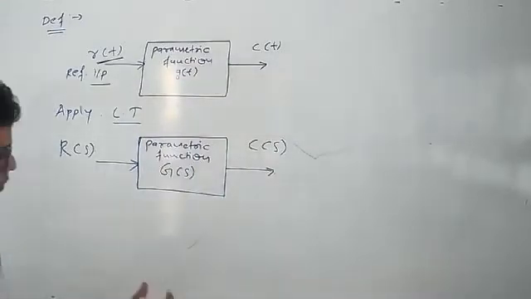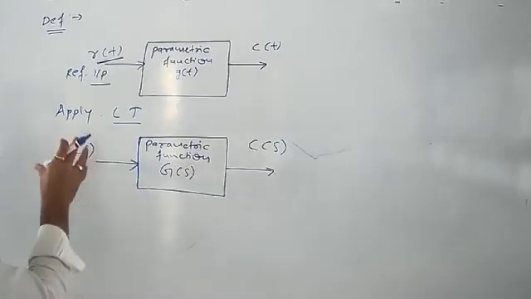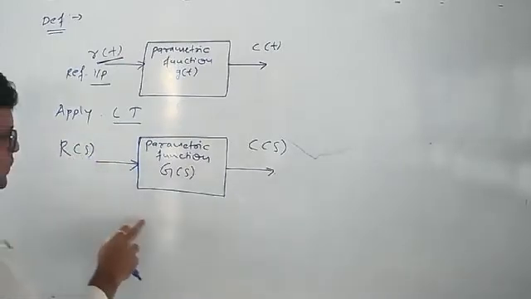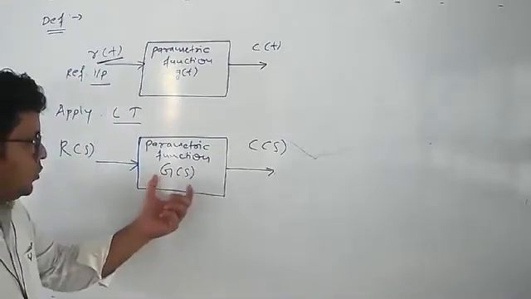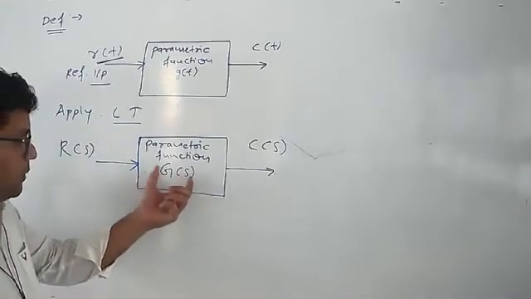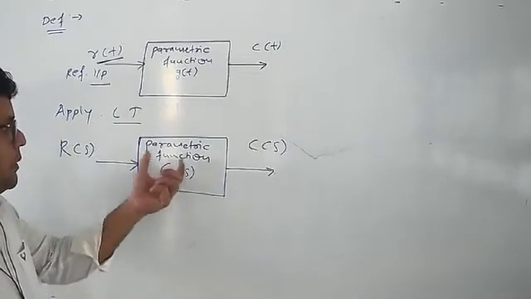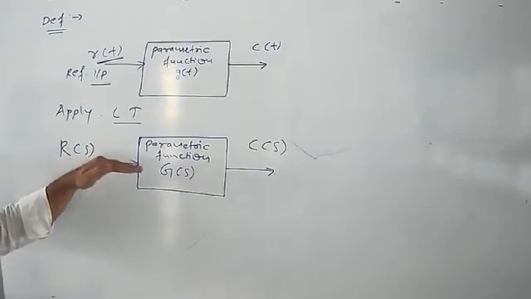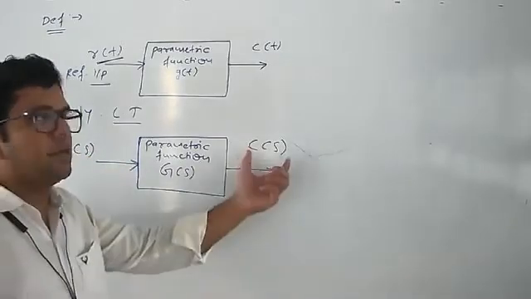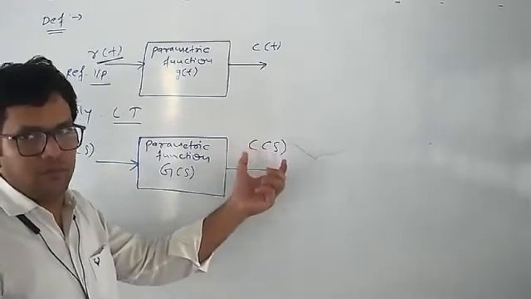Now, if you want to write a mathematical equation which provides a correlation between R of s, G of s and C of s: to this particular system, which is represented by a parametric function G of s, if we apply some reference input signal R of s, it is going to generate some controlled output in the form of C of s.